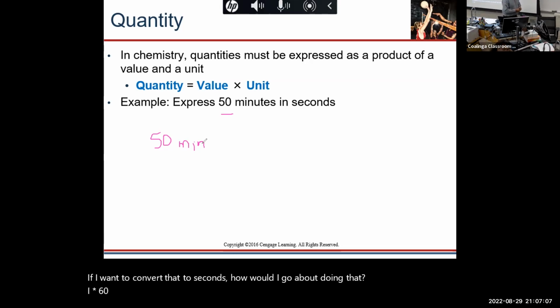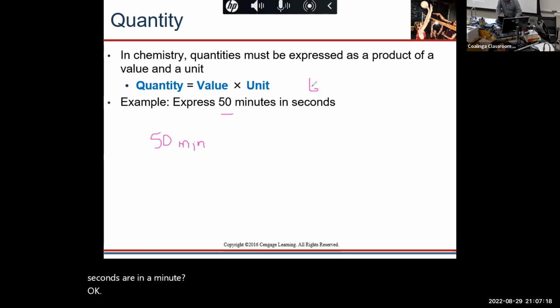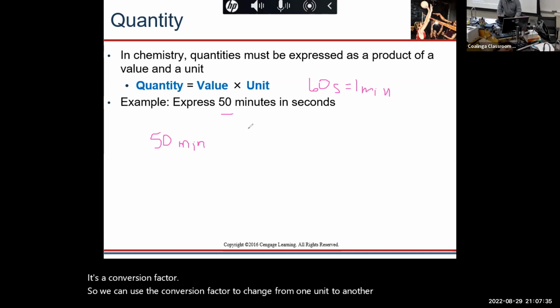Because how many seconds are in a minute? 60. Okay. So 60 seconds equals 1 minute is my conversion, right? It's a conversion factor. So we can use a conversion factor to change from one unit to another unit.